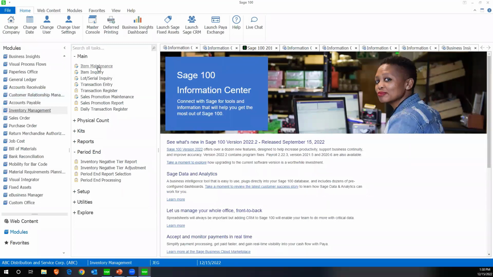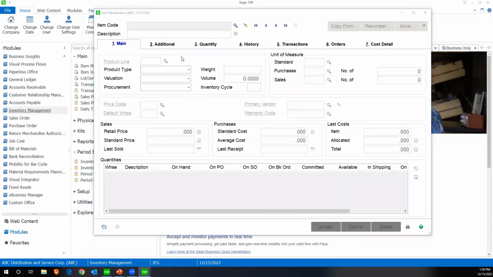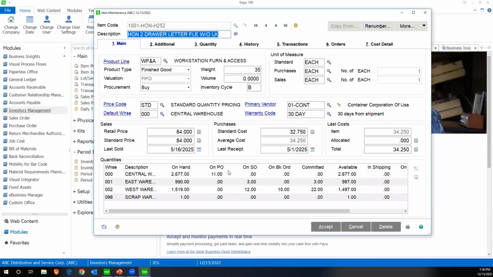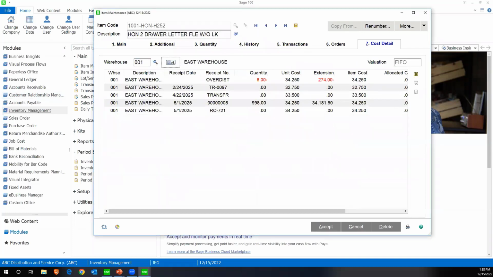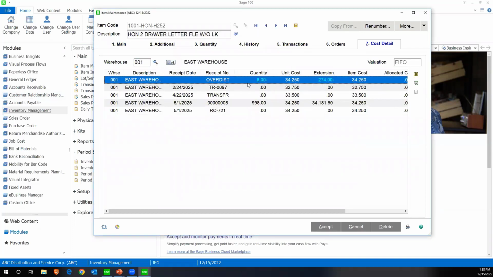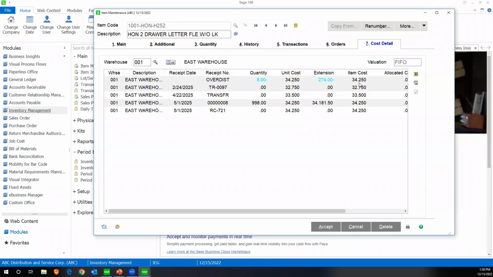So let's first look at that item. I just want to show you something out here real quick. If I go to my cost detail, here's the negative tier over distributed. Here's the positive tier right here of 998. So the on hand was the difference between those two, 990. Notice how the item cost between the different tiers is the same: 34.25 and 34.25.